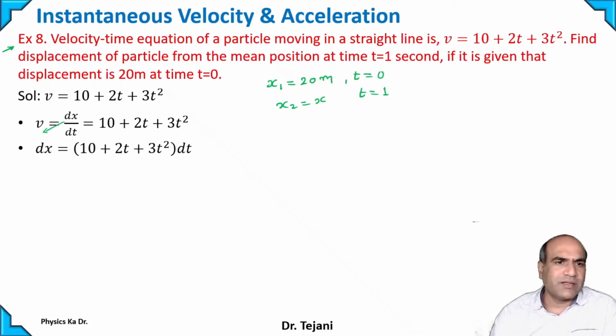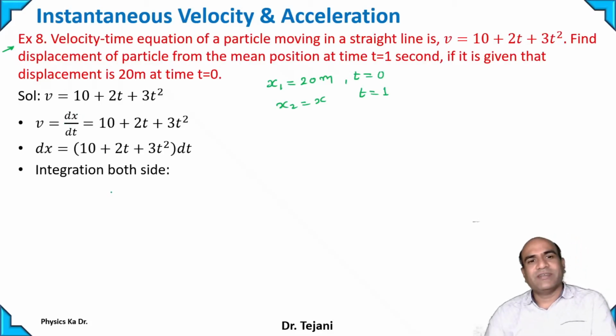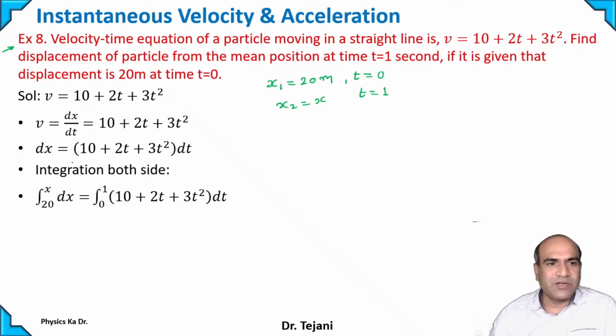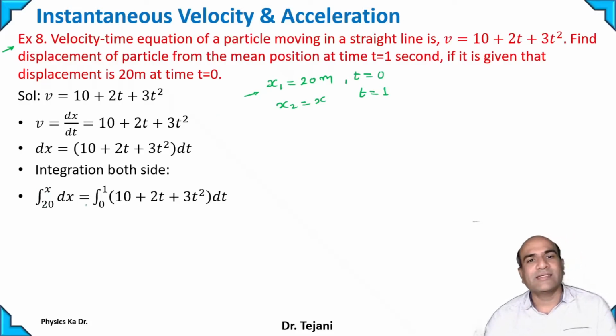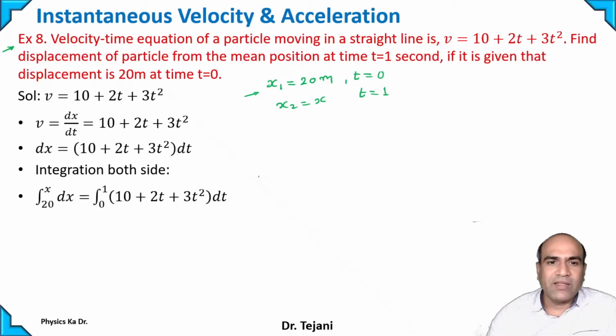And now it's time for integration. Integration on both sides is required. Here the initial x is 20 and the final x is x, and on the opposite side it is time, so 0 to 1.